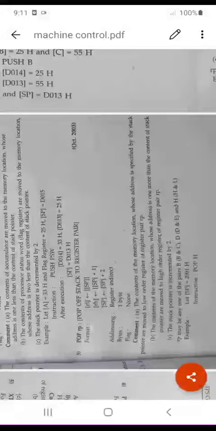That is, suppose we are taking register pair HL, then the content of L is loaded from the current stack pointer position, the content of H from the incremented stack pointer position, and the stack pointer is incremented by 2.